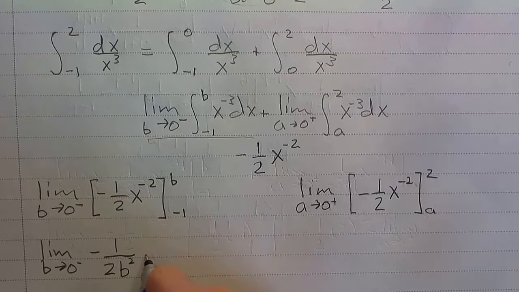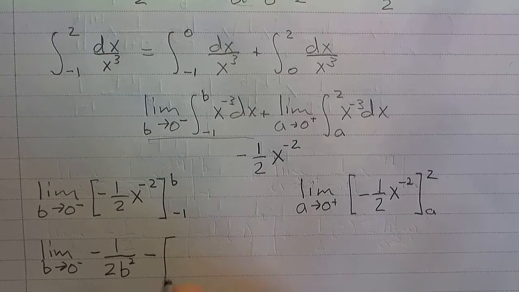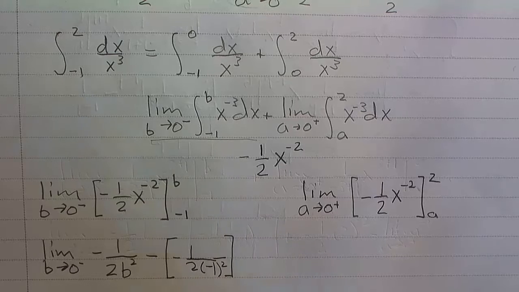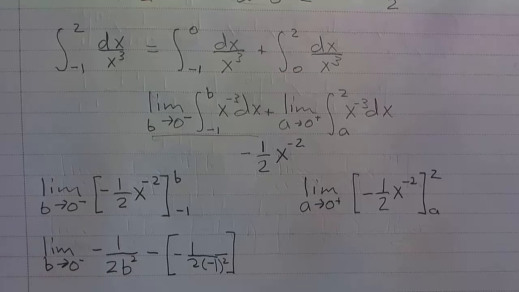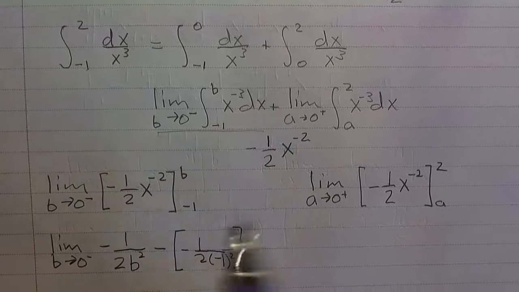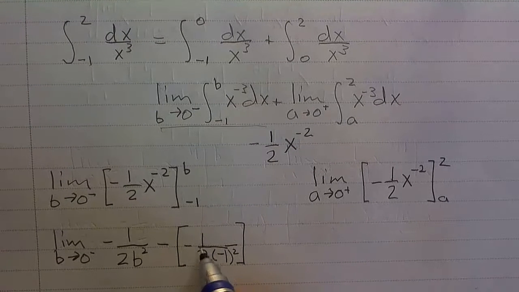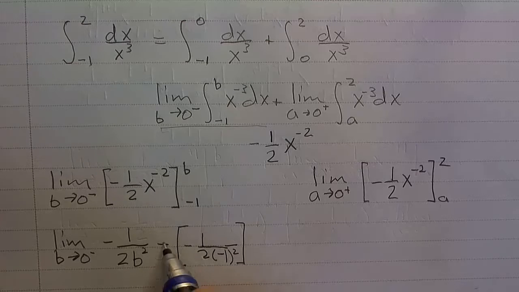Minus a -1/2 times -1 to the second. Now let's think about what we have here. This one, of course, no problem. This is just -1 over 2. Put it with this, it's just going to be 1/2. This part of it is 1/2.